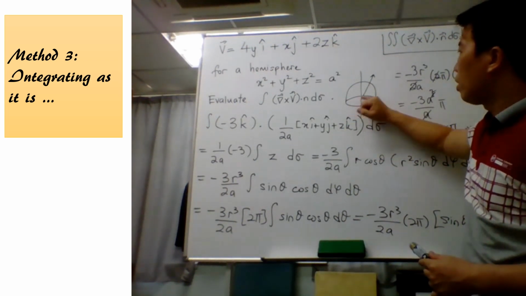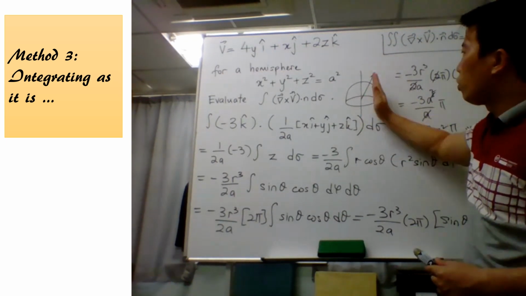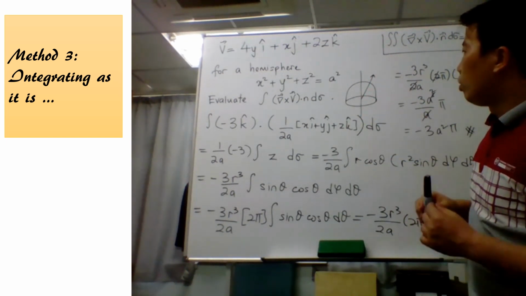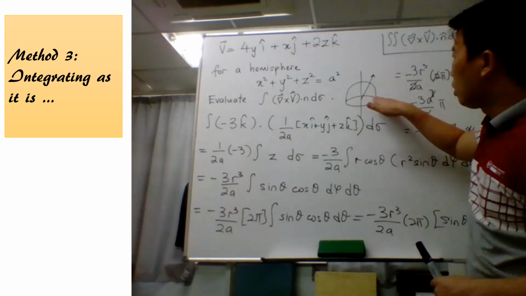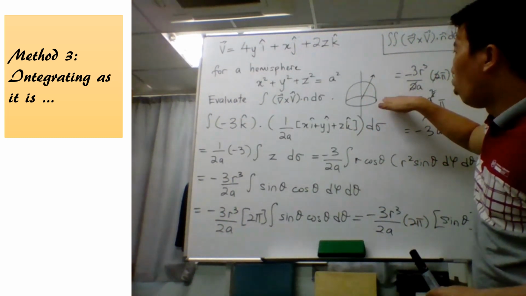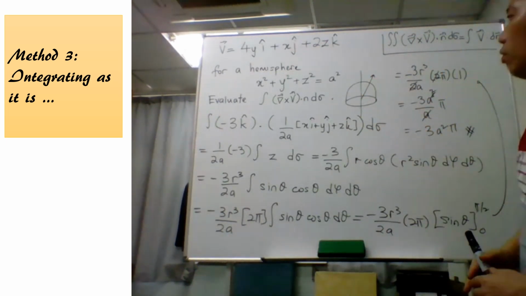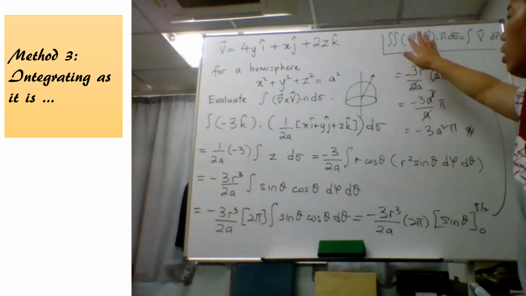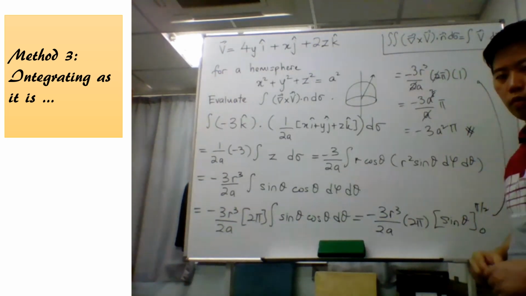So this is my surface, and the vector normal to the surface is along the z direction. Right. So that is what we have done for method 1.